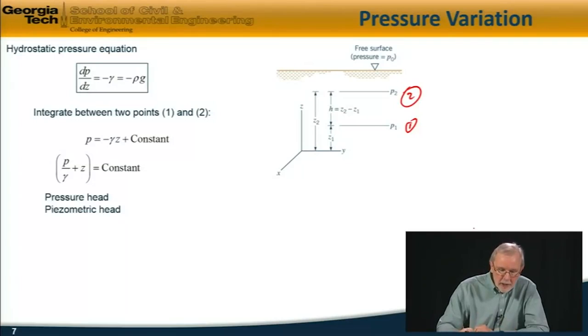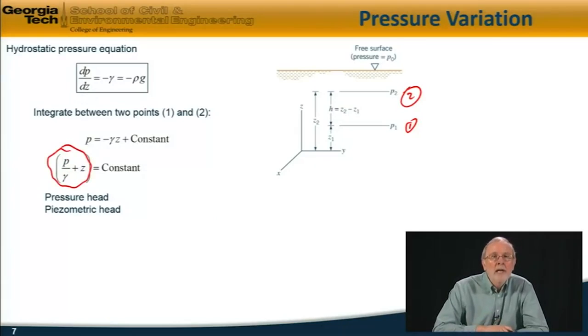In this equation, the quantity P over gamma is known as the pressure head, and the sum of these two, P over gamma plus z, is known as the piezometric head of the fluid. So the piezometric head is constant in a stationary fluid.